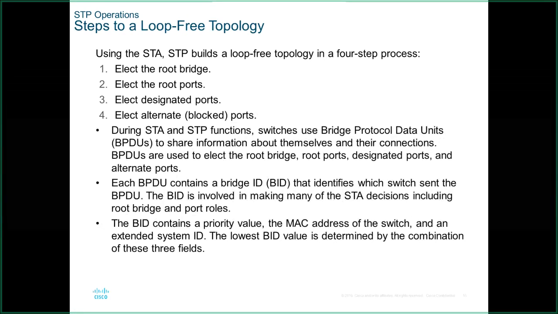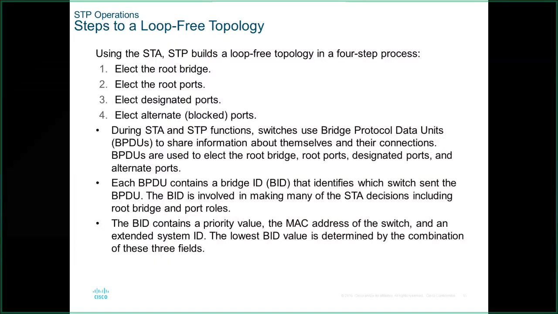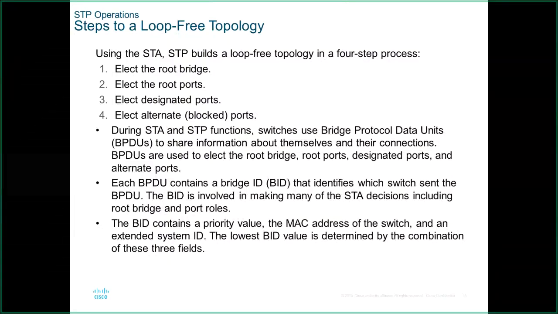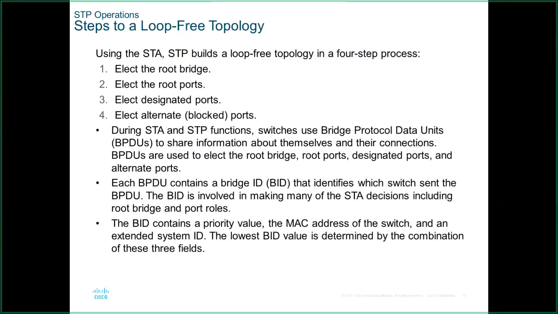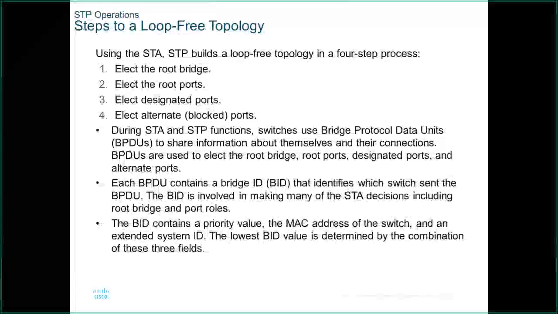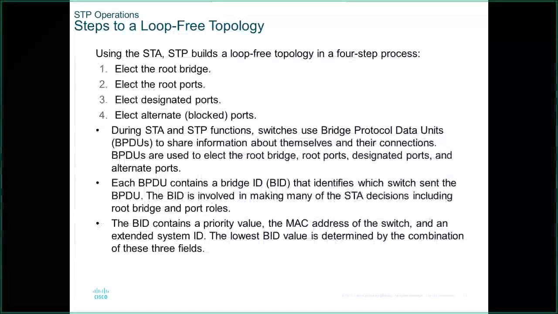Well, strangely enough, it has the bridge ID, which is an identifier of where that particular bridge protocol data unit originated from, and it'll have a priority value, which is equivalent to the MAC address, okay, because they all start up with the same priority value.